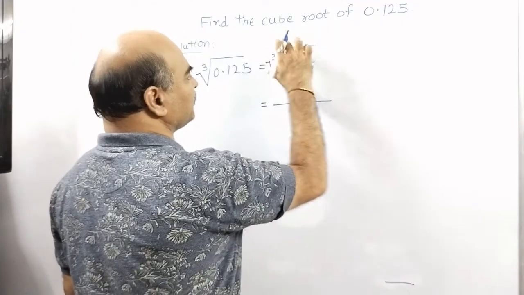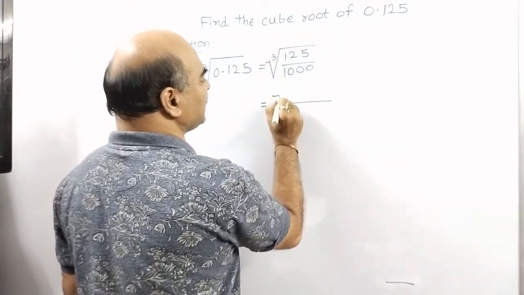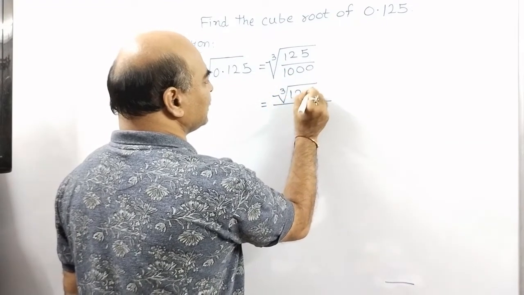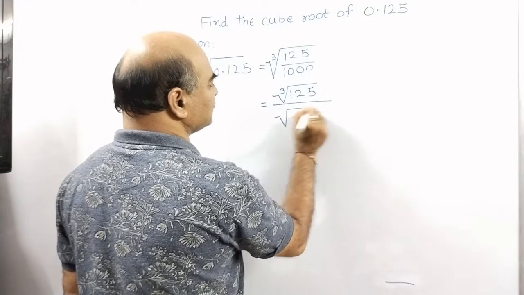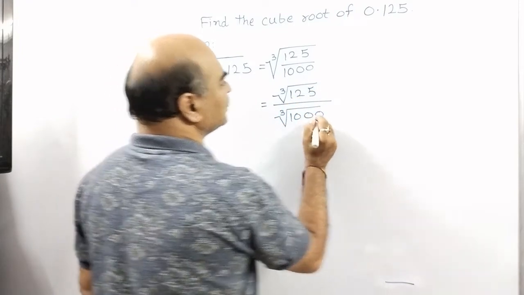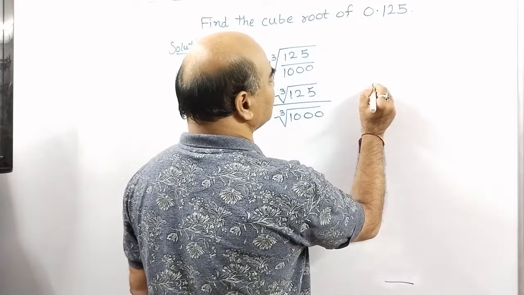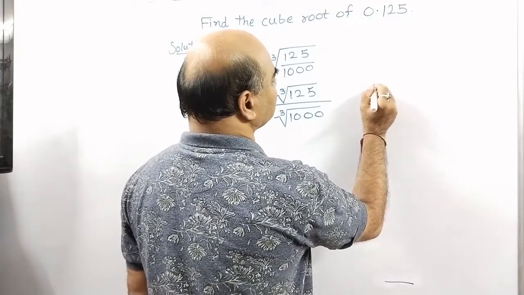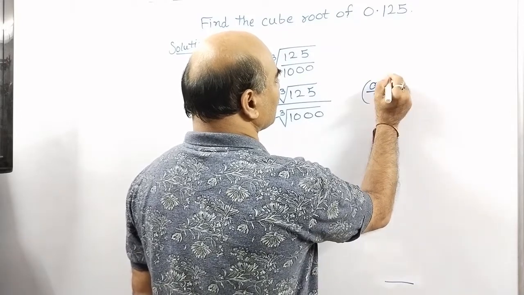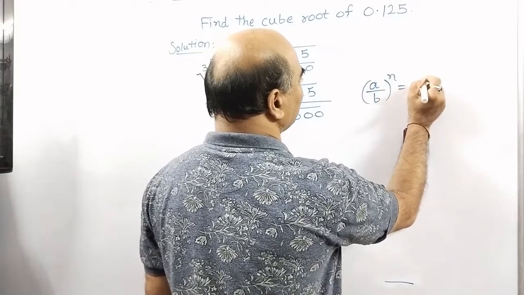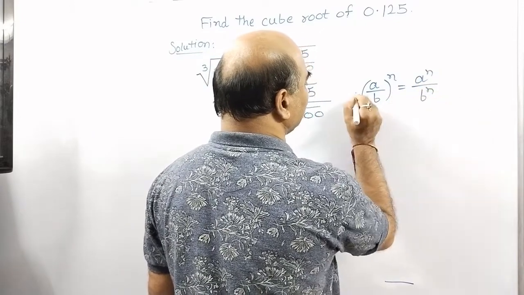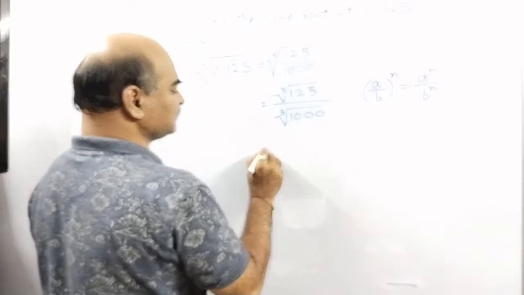Now the cube root of this fraction means the cube root of the numerator and the cube root of the denominator. As we know the rule, a upon b raised to n is a raised to n upon b raised to n. Similarly we have done this.